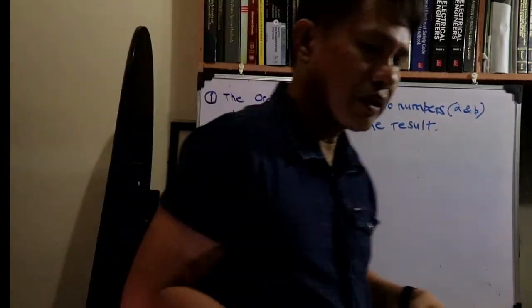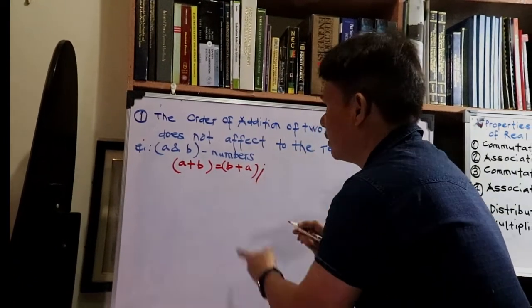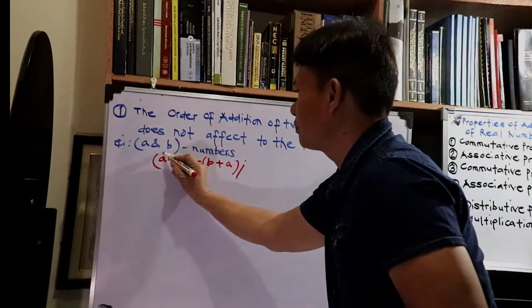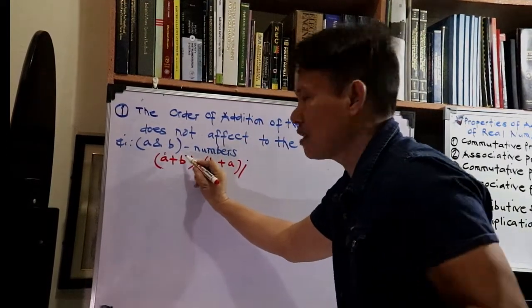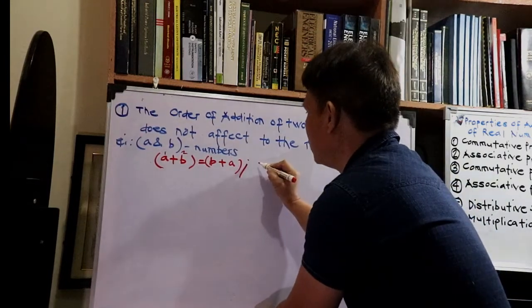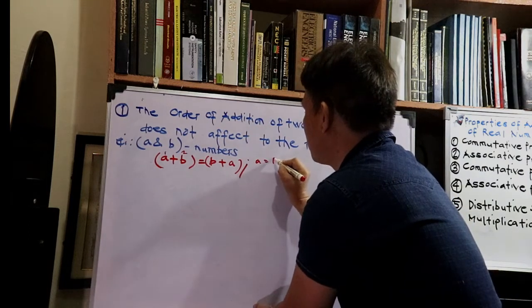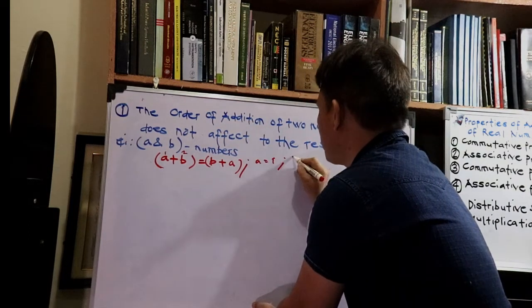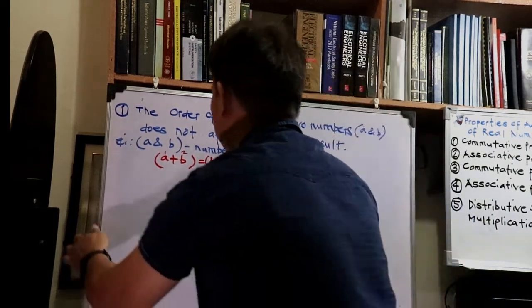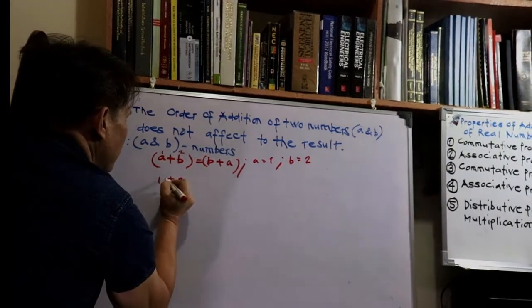Now, can we apply this to numbers? Let's say A is 1 and B is 2. If A is 1 and B is 2, we have 1 plus 2.